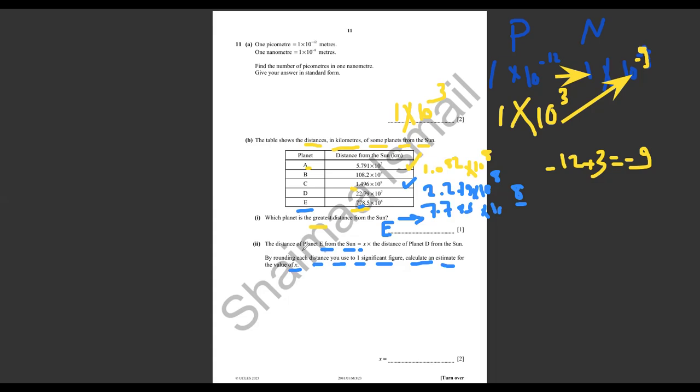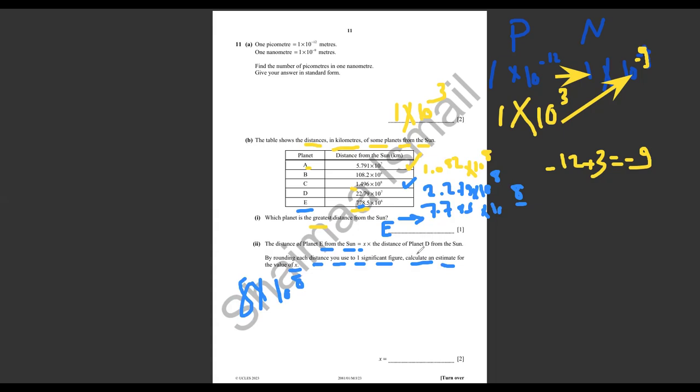The distance of planet E is 7.785. He asked to write it in 1 SF, so instead of 7.7, I can write the number 8 in 1 SF. So it will be 8 times 10 to the power 8.